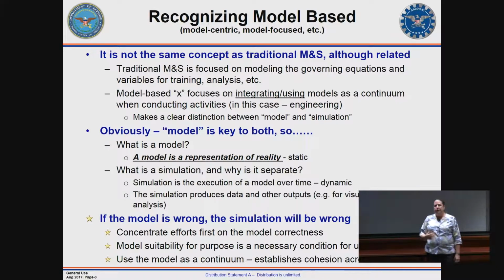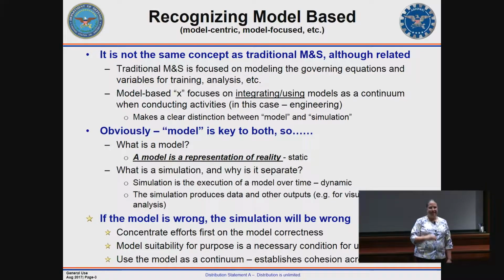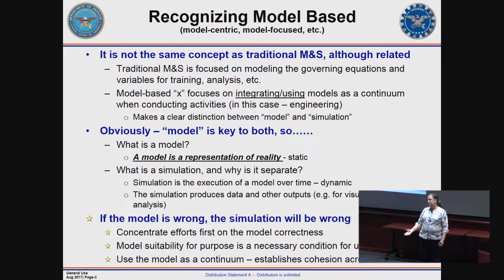But what's really important about all this, and this takes us back to model-based, is that if you get the model wrong, you're going to get the simulation wrong, right? So let's focus on the model, right? That brings in model-based systems engineering, model-based engineering, model-based test, model-based manufacturing, model-based procurement, model-based contracting, model-based design, model-based X, right? You put your favorite activity after it.